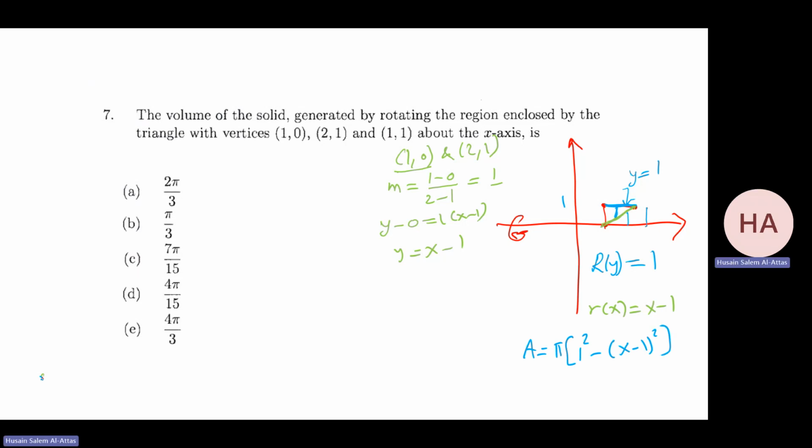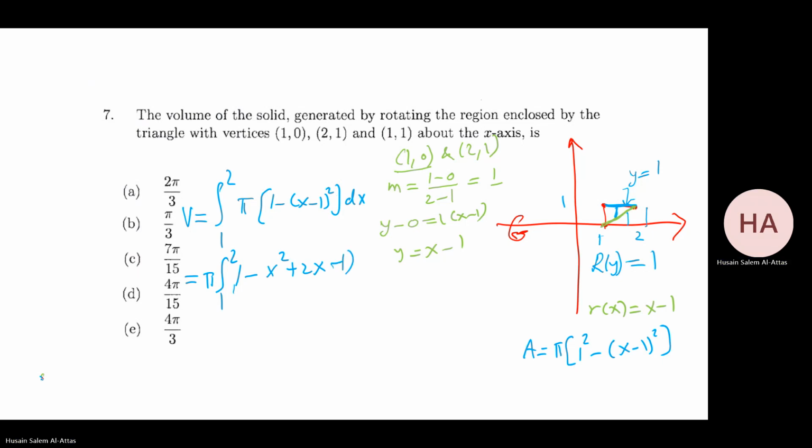So it will be the volume. From where to where? The x values from 1 to 2. That will be 1 to 2. You can put the pi outside: the integral of 1 minus (x minus 1) squared dx. So it's pi times the integral from 1 to 2 of 1 minus x squared plus 2x minus 1, dx. So the 1 with minus 1 is gone.